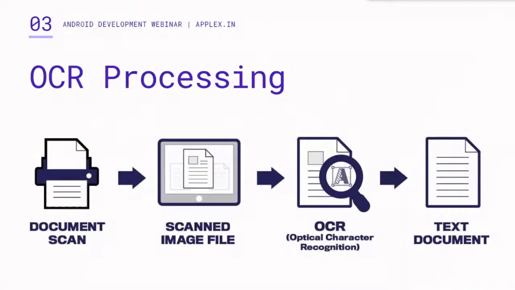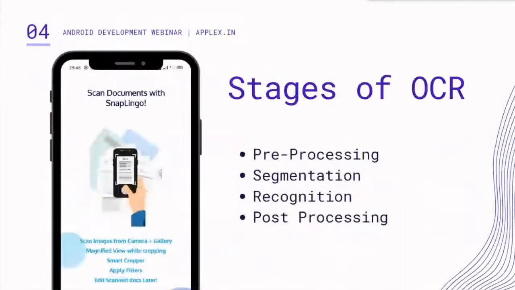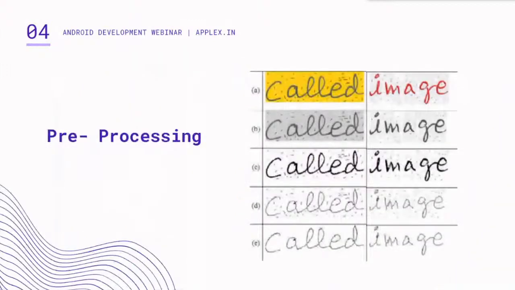So yes, the stages of OCR are mainly pre-processing, segmentation, recognition, and post-processing. Of course, we won't go into the details of these steps, but we'll just have a short overview of these processes. Pre-processing includes different techniques.